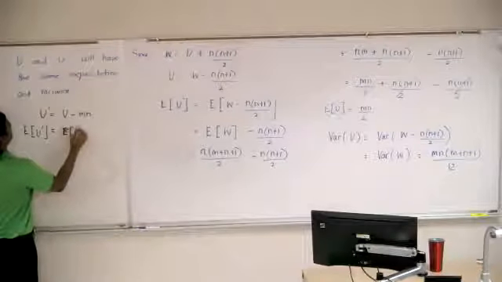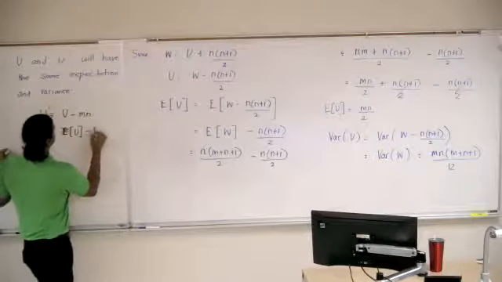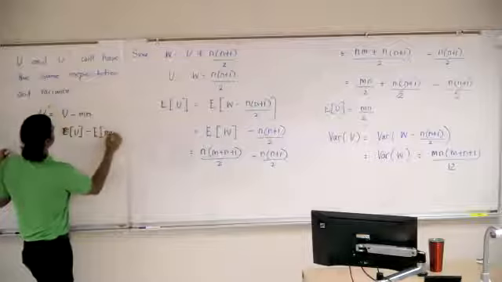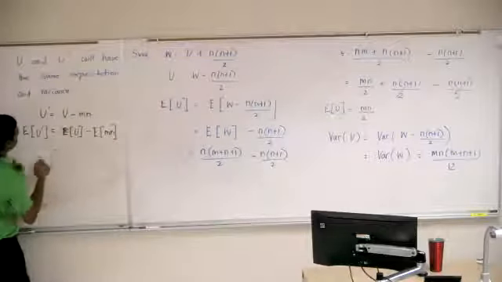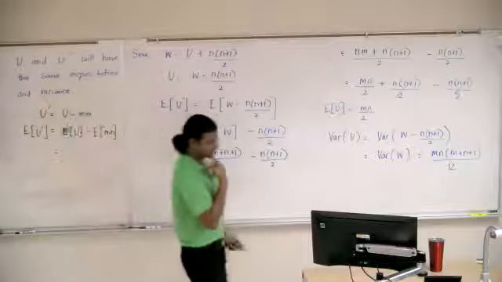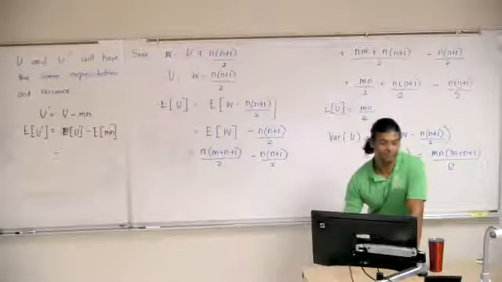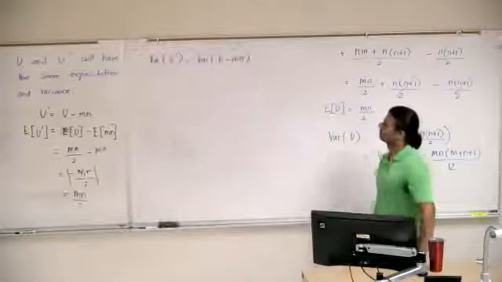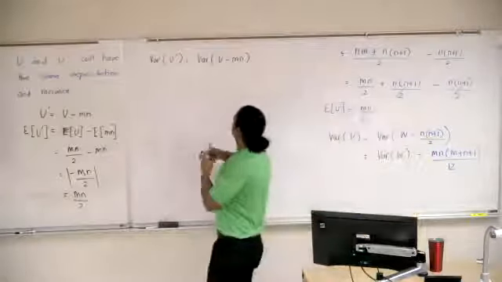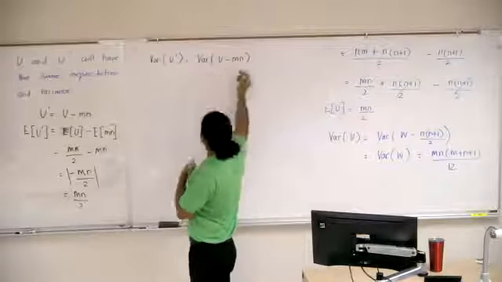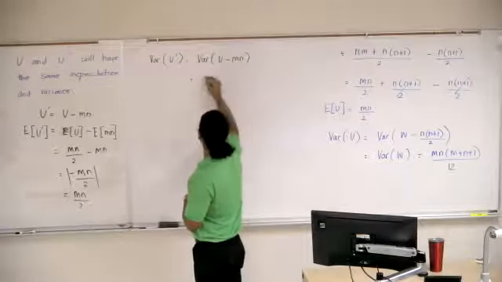expectation of U minus expectation of Mn. And what is expectation of U, which we just found? Variance of U prime would simply be equal to variance of U because I'm subtracting a constant.